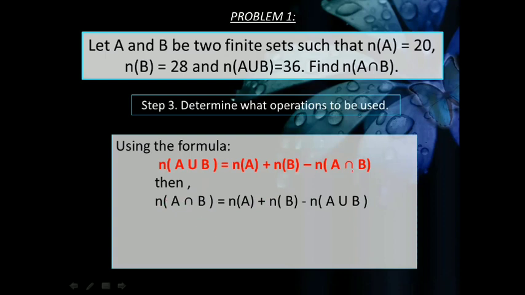We revise this formula. We get this formula based on this main formula here. So the intersection, we move it to the left side, and it becomes this. And the number of elements of A union B, we move it to the right side, and that is it.